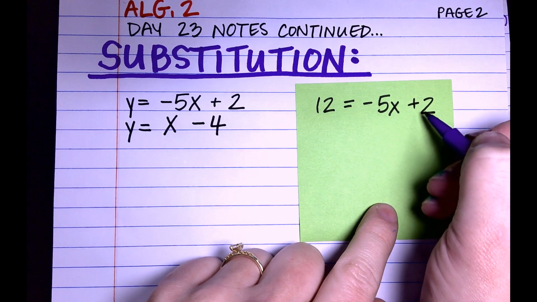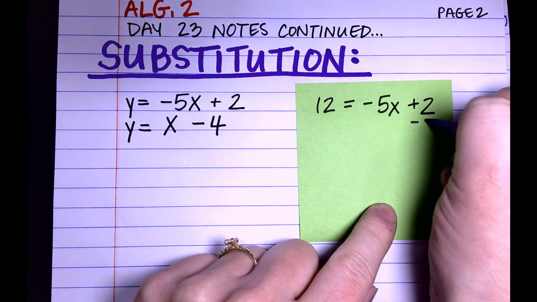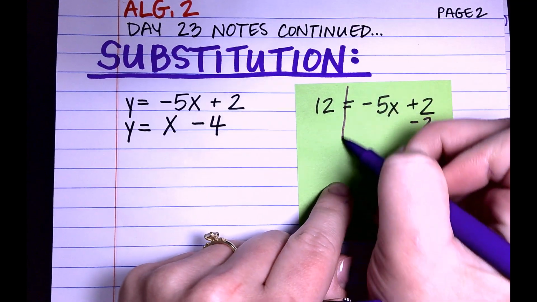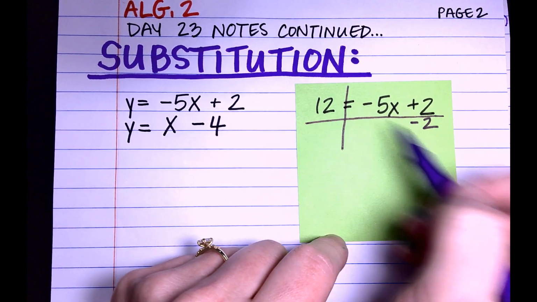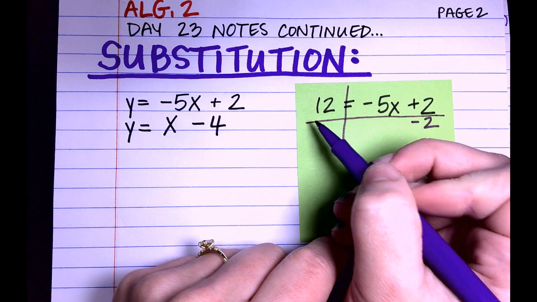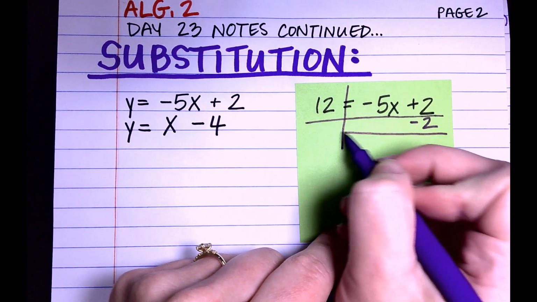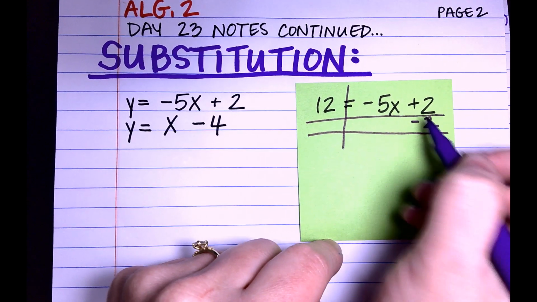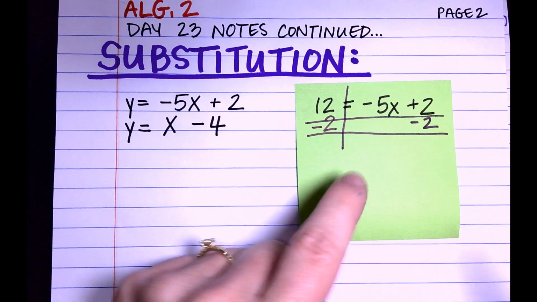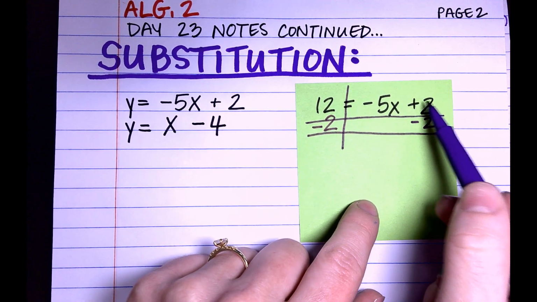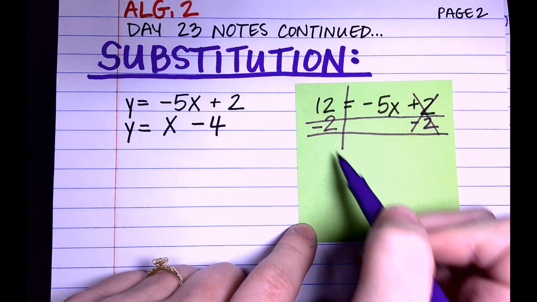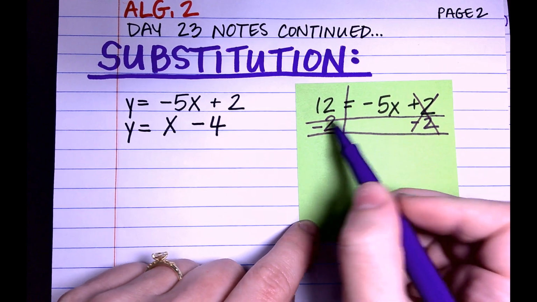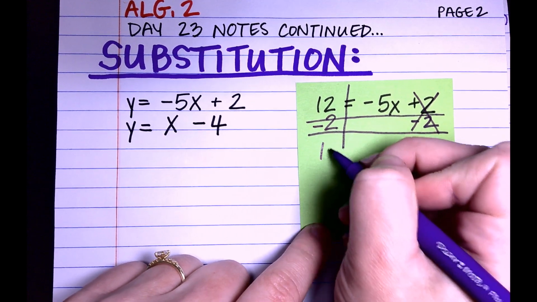Yes, we could start by subtracting 2 from both sides. Remember that equal sign separates the sides of our equation. And if I do something on one side, I need to do it on the other. I drew my line too high. So I'm subtracting 2 here, means I need to do it over here as well. So my 2's cancel, plus 2 minus 2, that's gone. Now I'm going to bring everything down. What's 12 minus 2? 10.